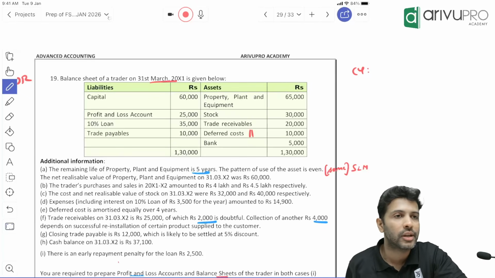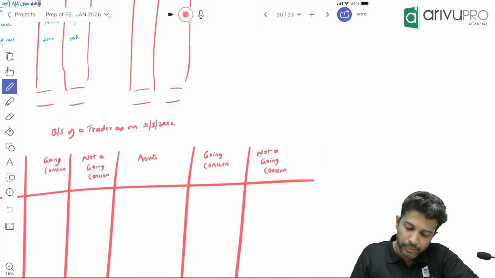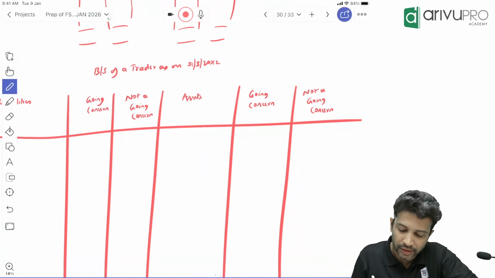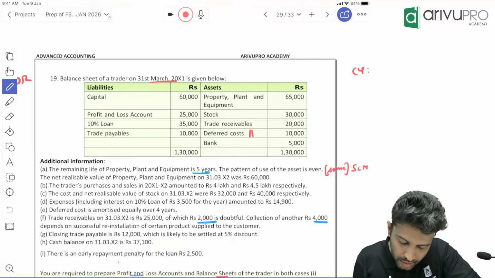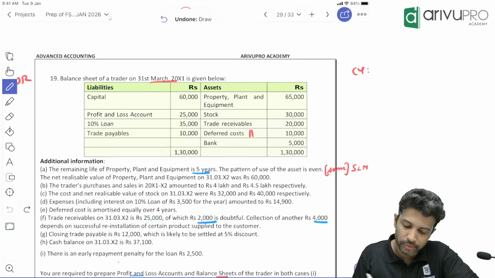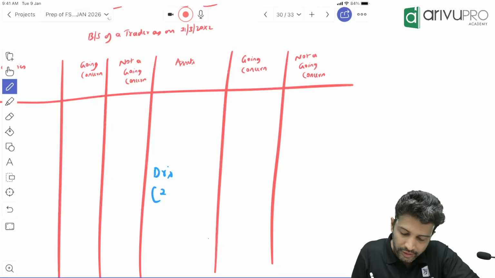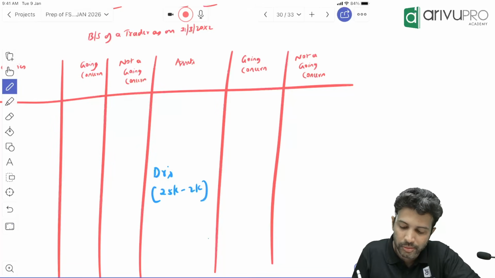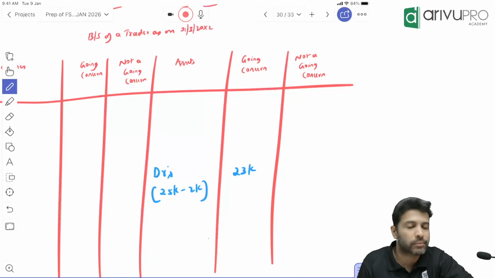If the going concern assumption is valid, what will be the balance of debtors you will show in the balance sheet? Will you show 25,000, or is there a 2,000 provision? 25,000 minus 2,000. How much will that be? 23,000. Clear?